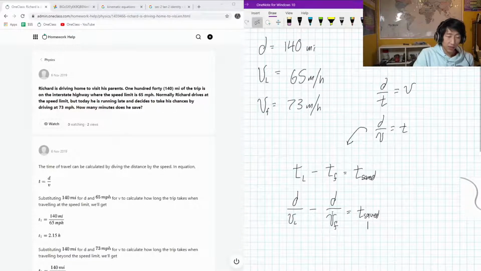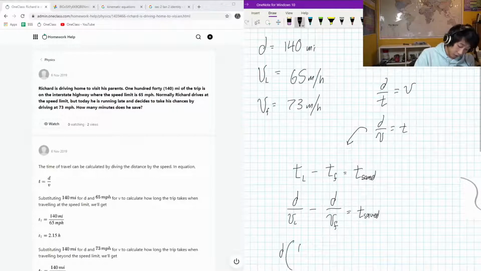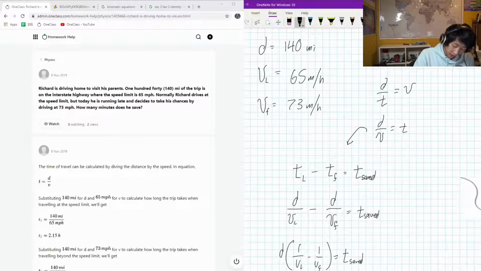Now we just got to sub in these numbers, and we will get our hours that are saved, and then we'll just convert our hours into minutes. Okay, so in both of these cases we have d, so we can actually factor that out. 1 over VL minus 1 over VF equals time saved. Okay, and let's calculate this. So our distance is 140 miles.